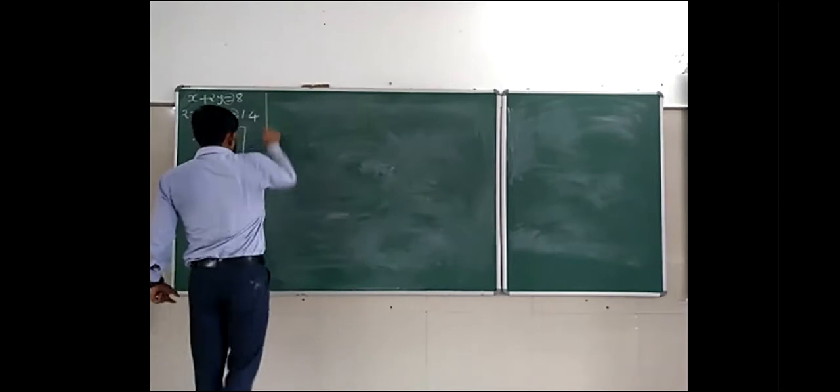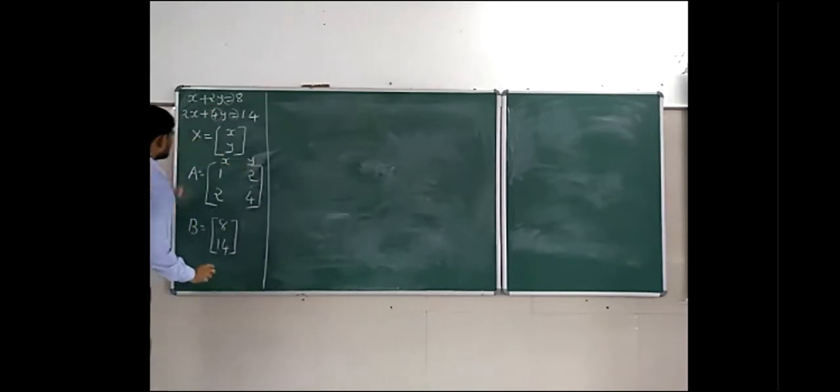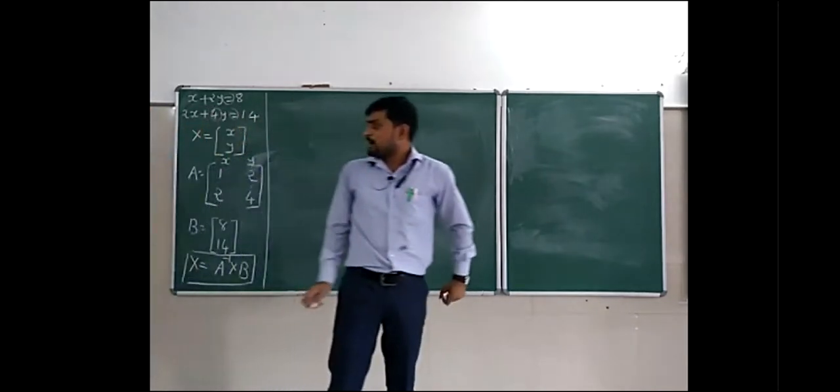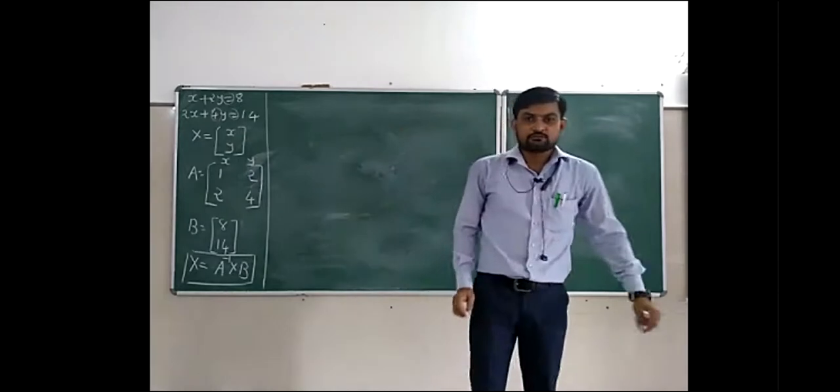Now, what is the equation to solve this problem? The value of X is equal to A inverse into B. Mind well, this is the formula that we will use to find the solution.